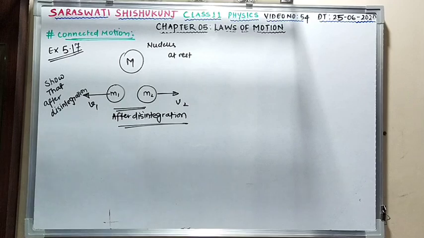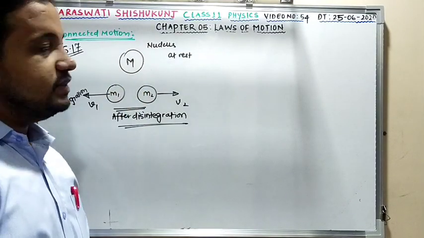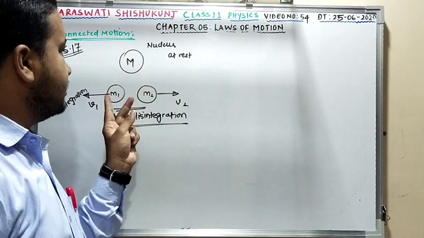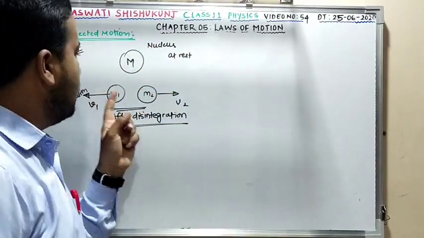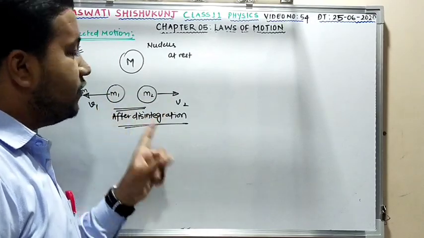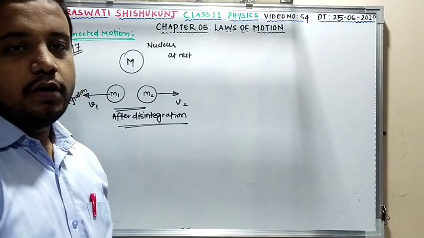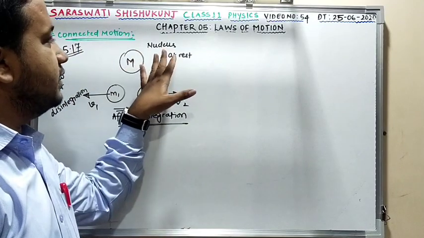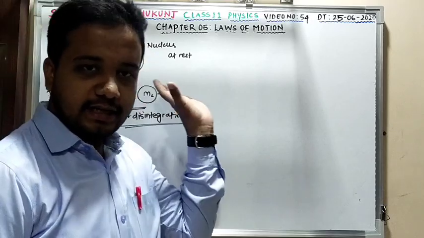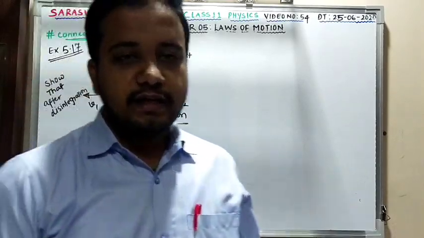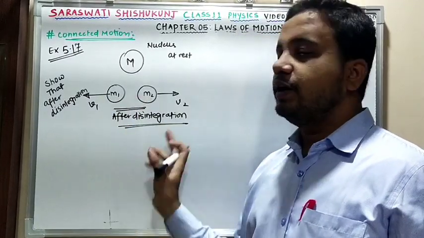In this example, they have given that a nucleus of mass capital M is at rest in a laboratory frame of reference, and after disintegration it disintegrates into two nuclei of masses m1 and m2 moving in opposite directions.